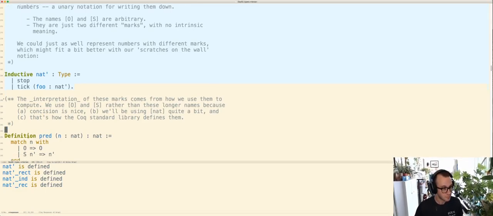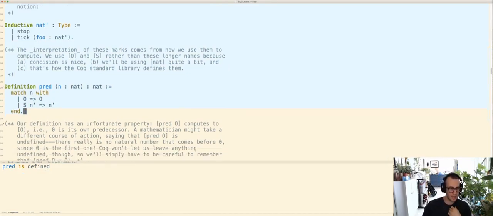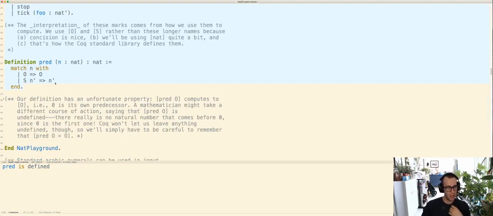Okay, let's define a function. Here's a function, pred, short for predecessor. Coq accepts the function. It's a good function. Let's think about what it does. You give it a natural number n, it's going to return another natural number. And if it's the successor of some n prime, we'll just return that n prime.